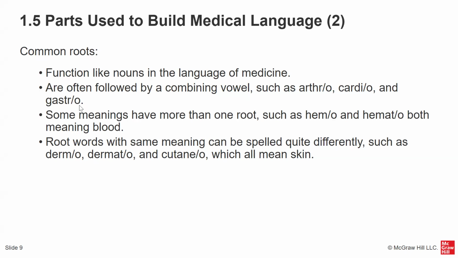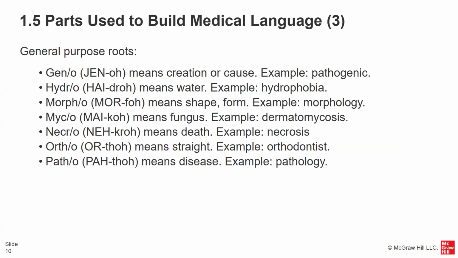Okay. Root words are oftentimes followed with a slash O, and that slash O is what we call a combining vowel, and it simply helps the word root be enunciated more clearly. It helps to build words together, or build medical terms that have more than one root word.